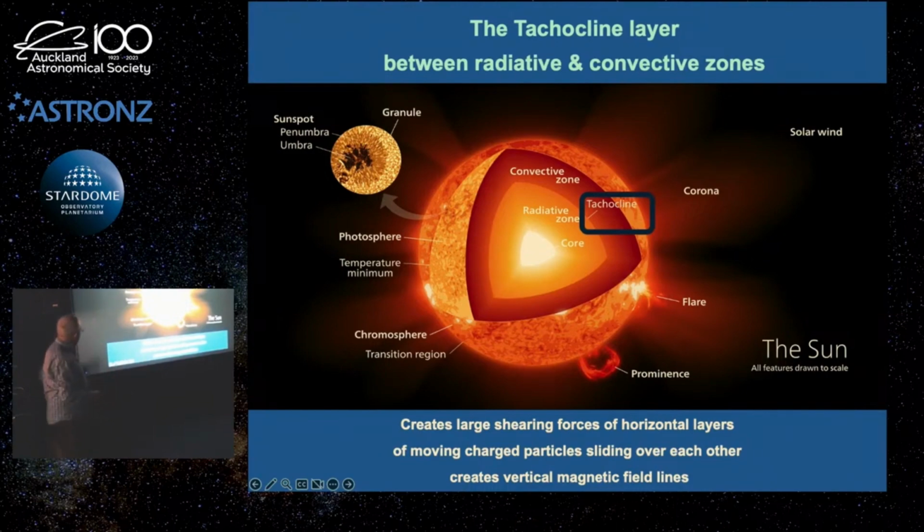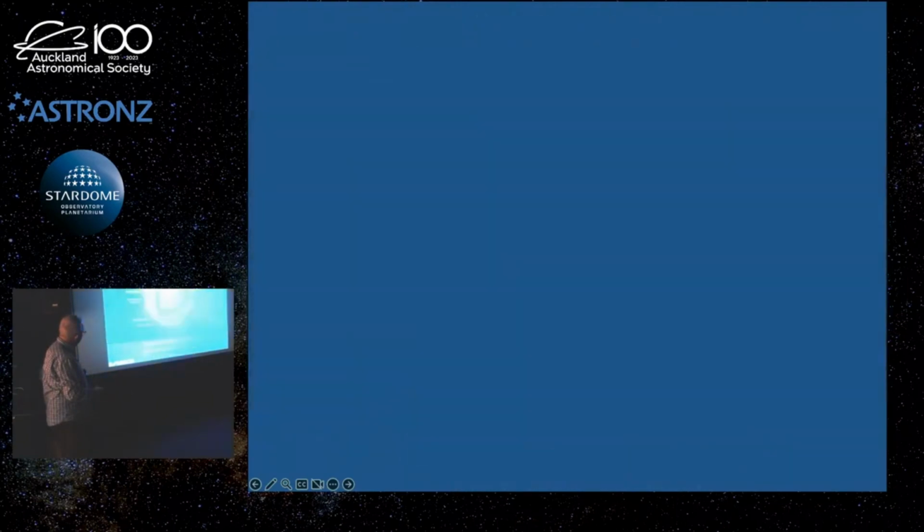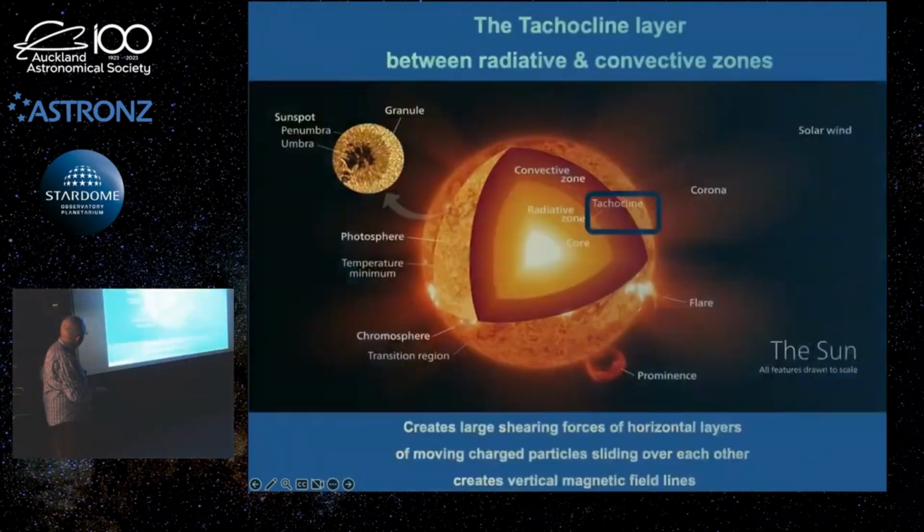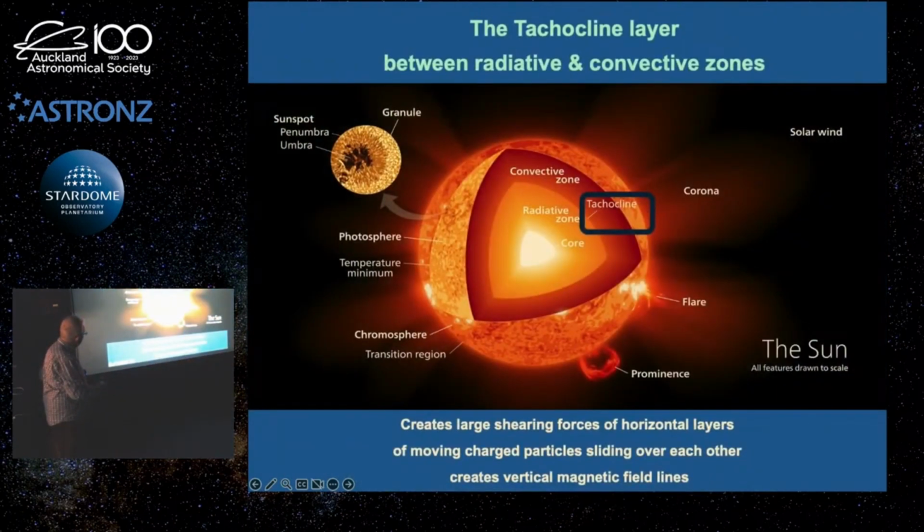From that last graph, you could see that at the equator it's going a lot faster than the radiative zone, and at the pole it's going a lot slower. So at all different latitudes, you've got different velocities in comparison with the radiative zone velocity, and that creates these shearing forces.